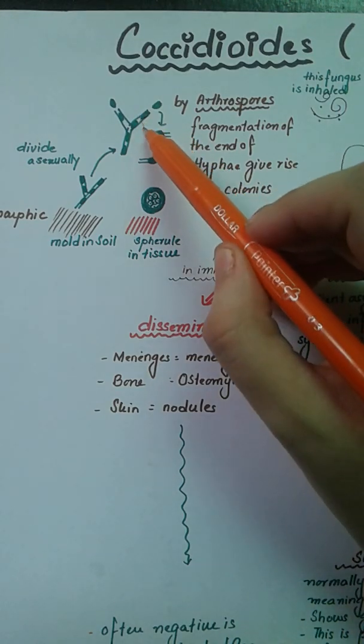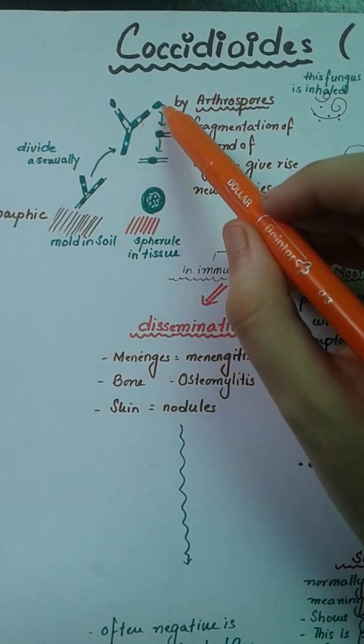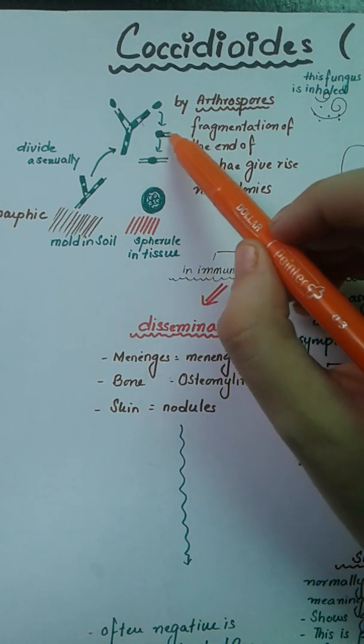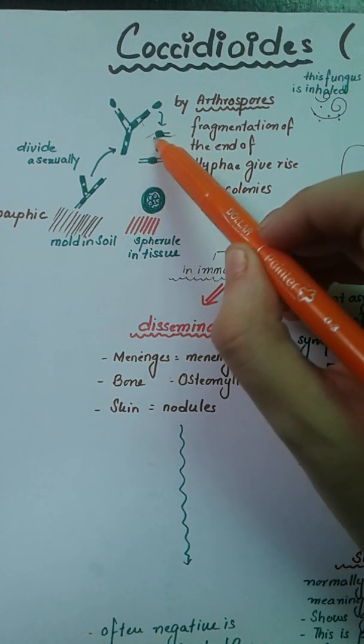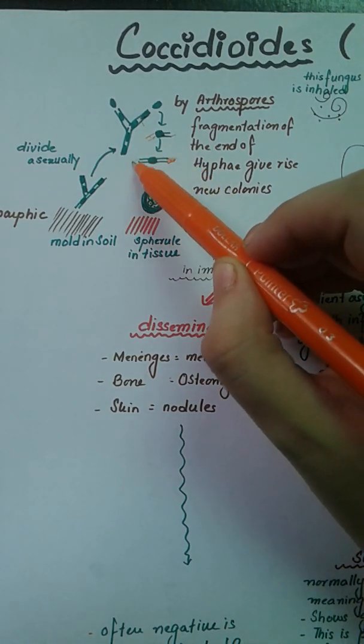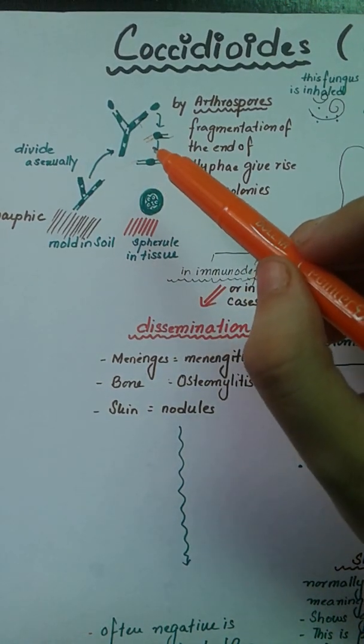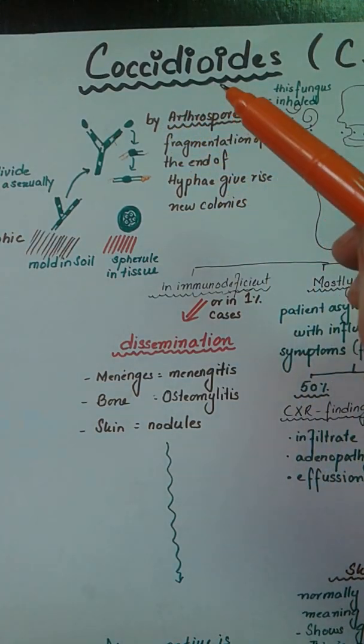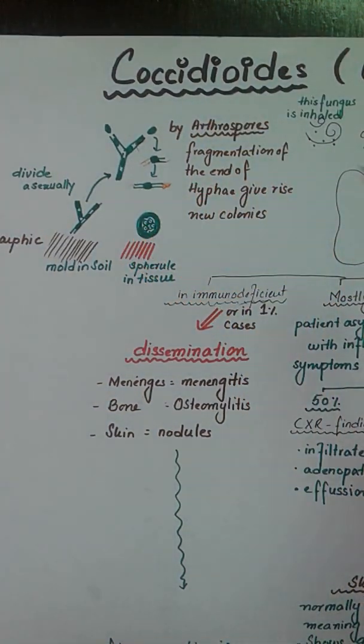They become fragmented, and similarly, this bud gives rise to more hyphae units, and similarly it divides and redivides. This fragmentation type of division is known as arthrospore formation, which gives rise to further colonies.